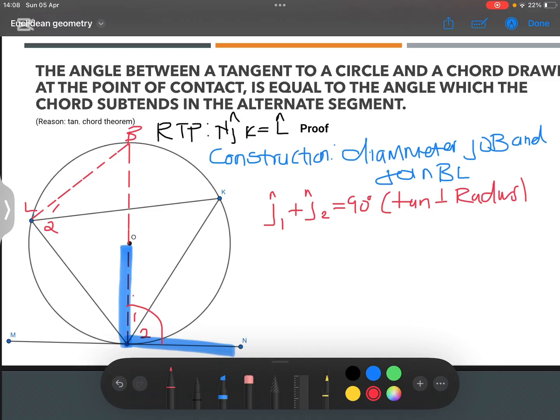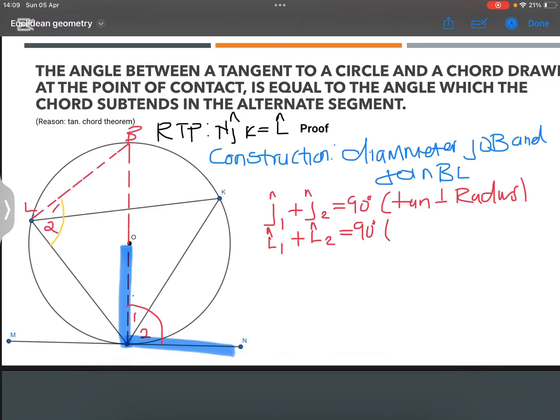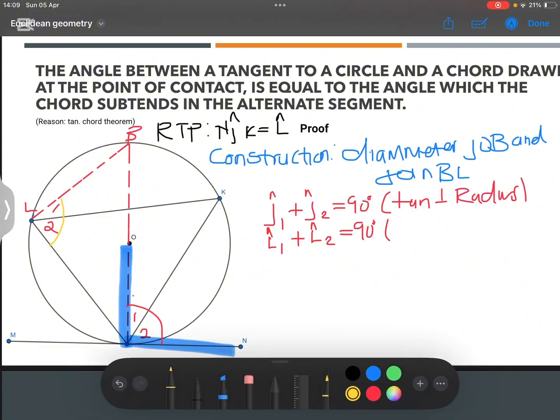Okay, so we also have L1 and L2. Let's look at this. We have angle L1 plus angle L2 equal to 90 degrees. This is the angle subtended by the diameter. The angle subtended by the diameter forms 90 degrees.